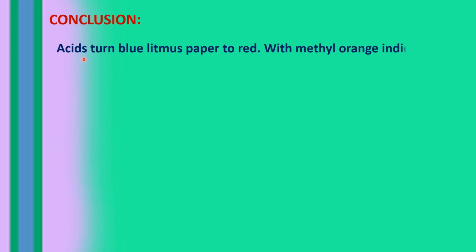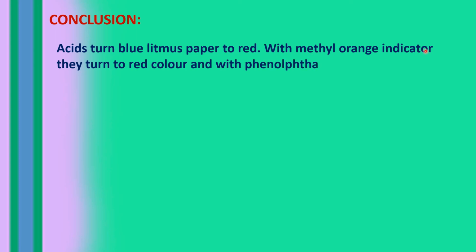So there we have seen that HCl, H2SO4, HNO3 and acetic acid are acids. They turned blue litmus red. And with methyl orange indicator, we could find that the solution has changed to red color, and with the phenolphthalein indicator, the solution remained as it is.